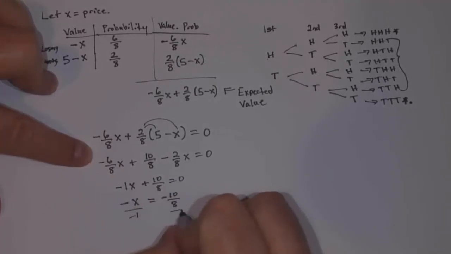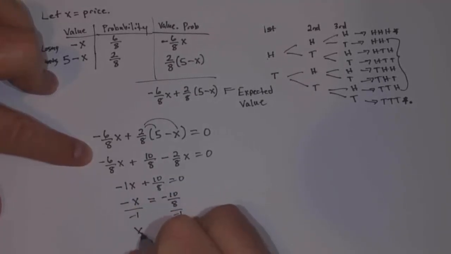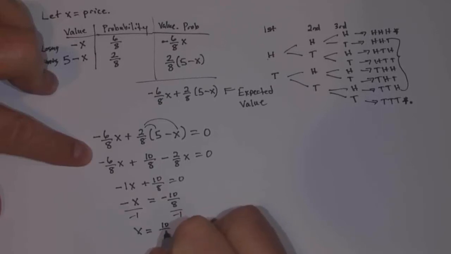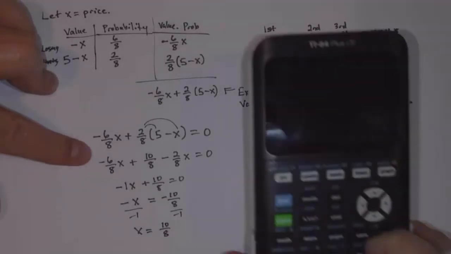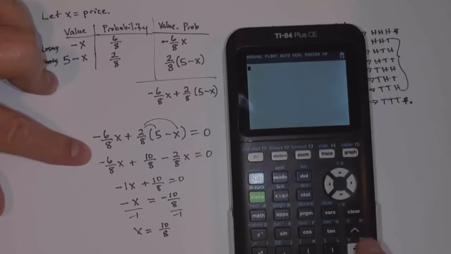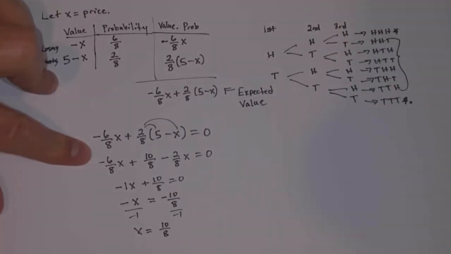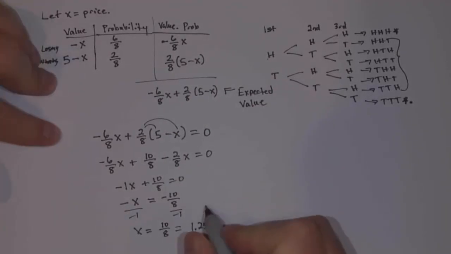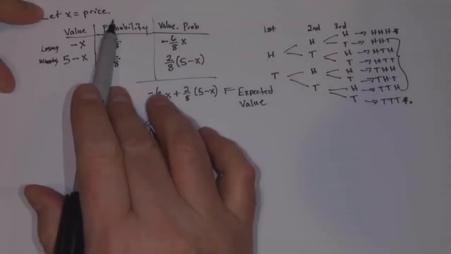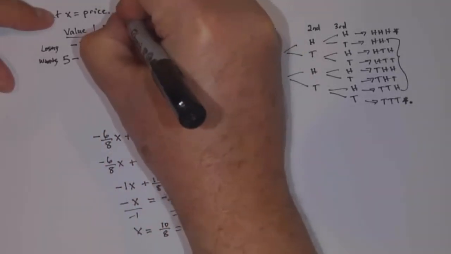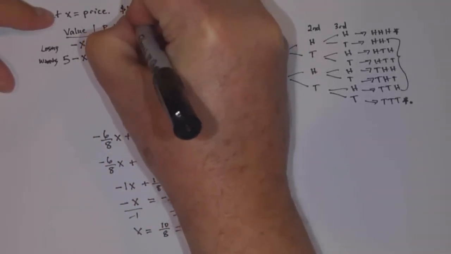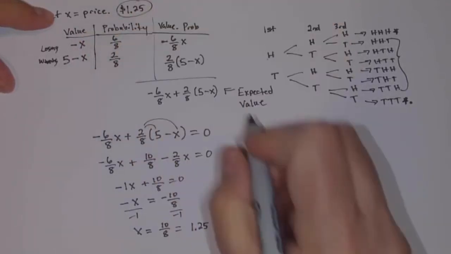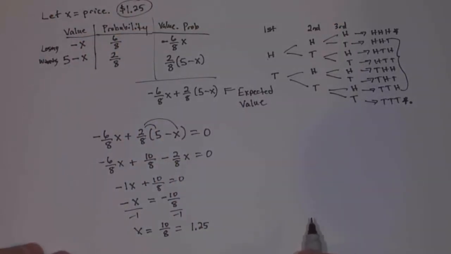Divide both sides by negative 1, so x would equal positive 10/8. And if we take 10 divided by 8, that is 1.25. So the price that would have to be charged so that this is a fair game would be $1.25.